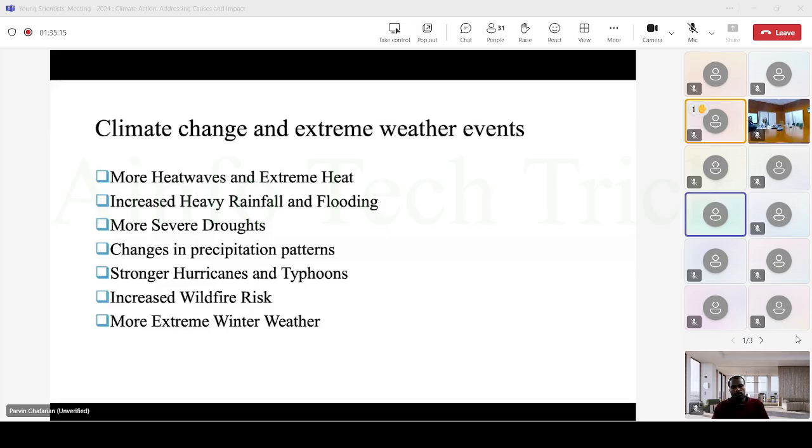Warmer oceans absorb much of the excess heat, leading to marine heat waves that harm marine ecosystems and contribute to coral bleaching.